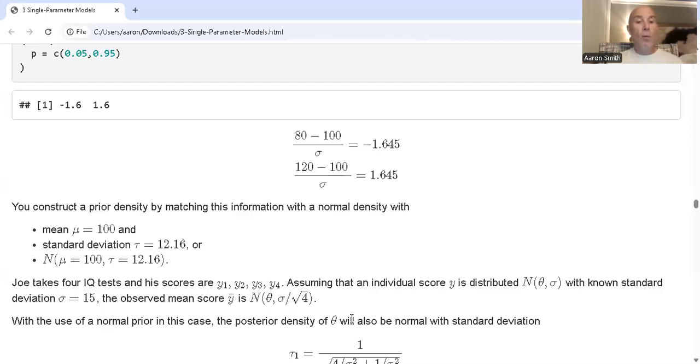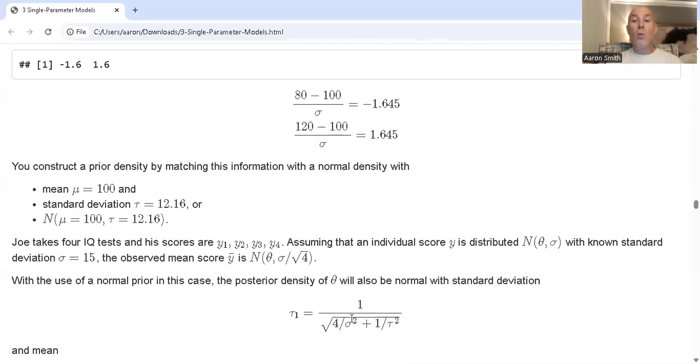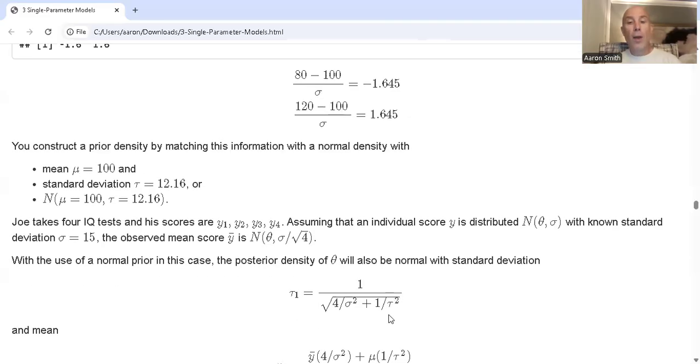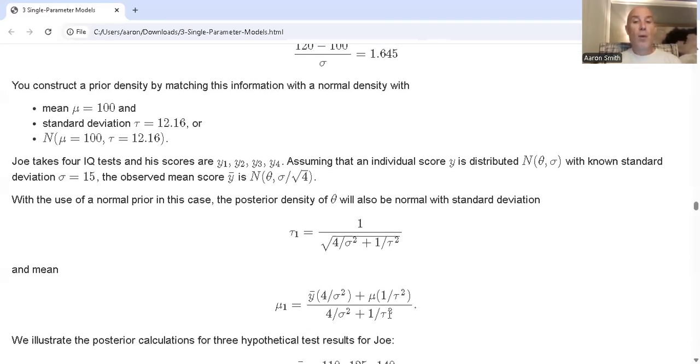With the use of a normal prior, in this case, the posterior density of theta will also be normal, and have a standard deviation given by this formula. Here I've got a weighted average for the mean, and I've got my standard deviation.